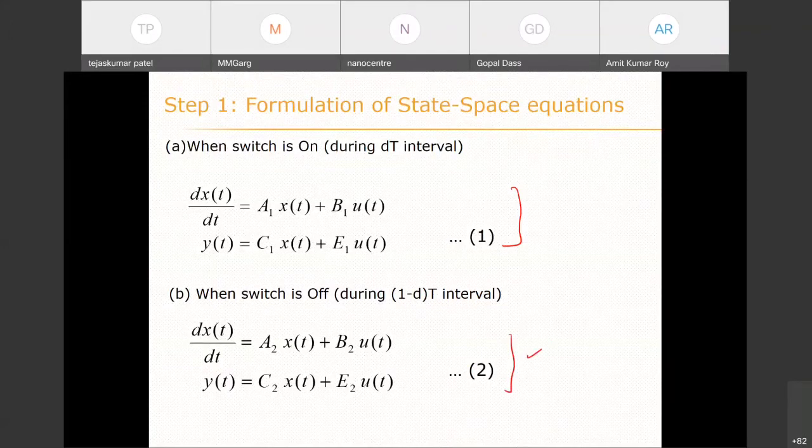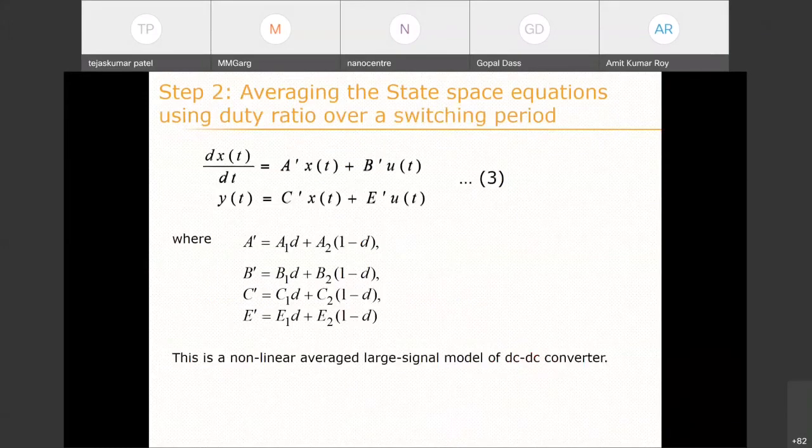In this state space averaging technique, when the switch is on, our circuit becomes linear, and we write the linear state space model equations. When the switch is off, again our circuit is linear. Actually, these converters are switched systems, or non-linear systems. When the switch is on, it is linear; when the switch is off, it is linear; but the total model is non-linear.